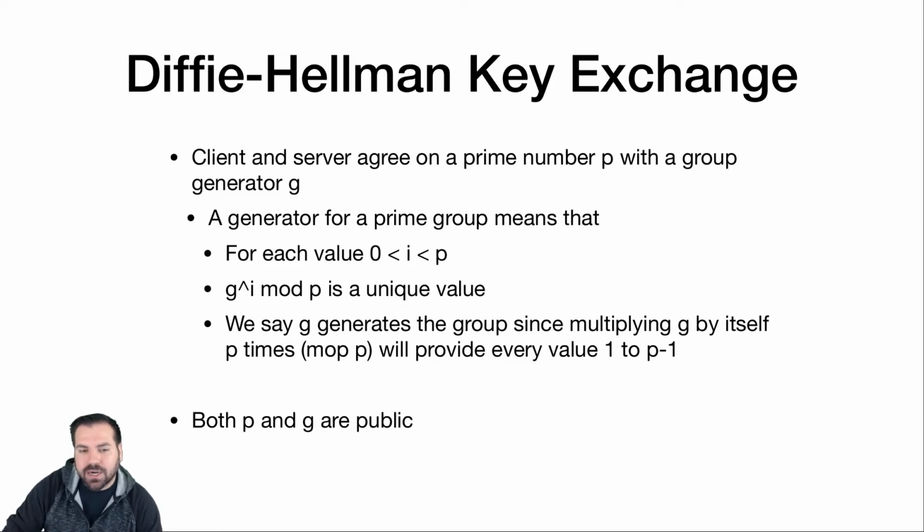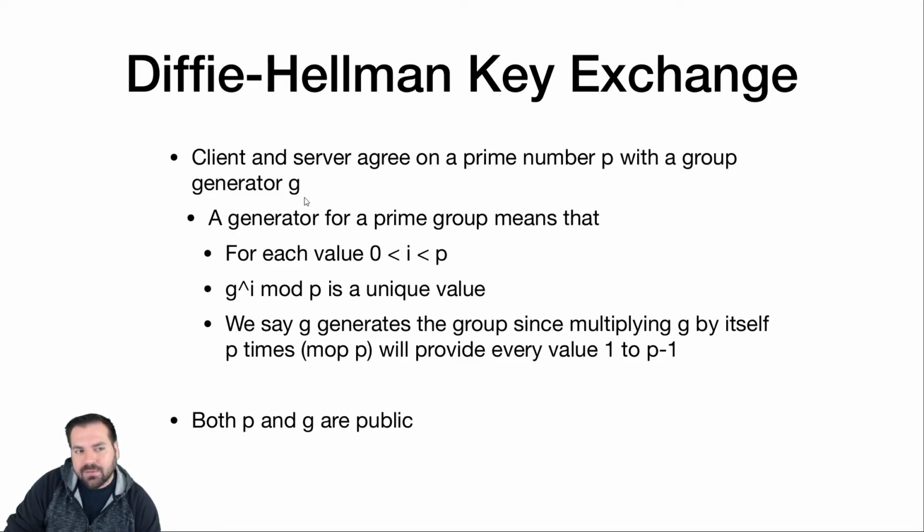So g is called a generator because g raised to an exponent mod p is going to cover every single value from 1 to p minus 1. We exclude 0 because 0 would just zero everything out. So it generates every single value there with different exponents, and we get maximum entropy out of this. We get the entire thing.